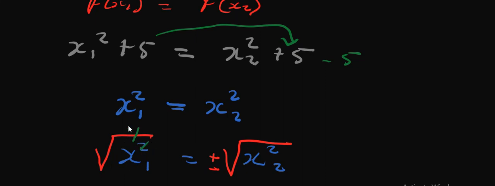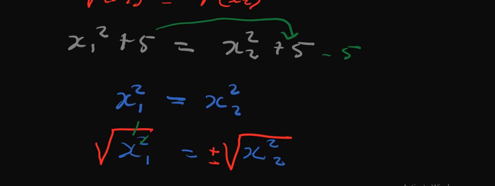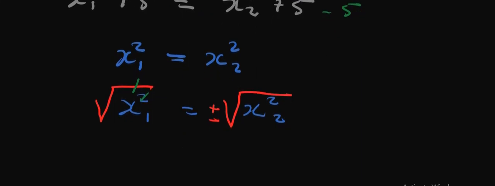Remember, I've used this part to get rid of the square. So after doing that, I'm surely going to have x1 is equal to positive or negative x2.